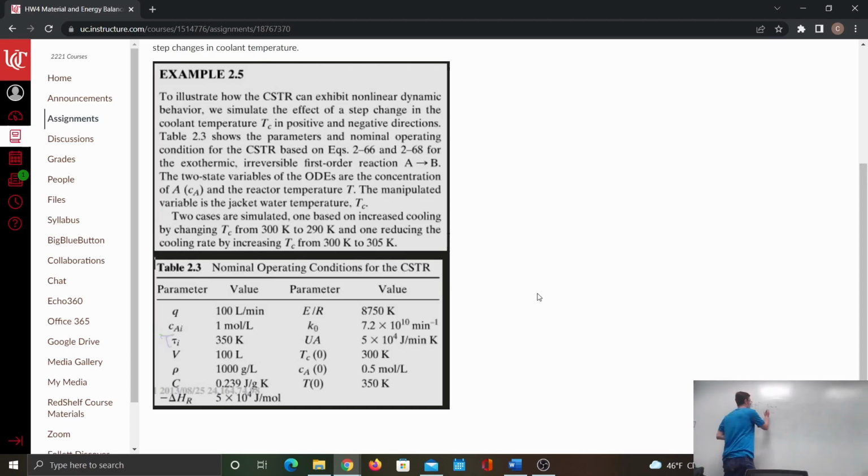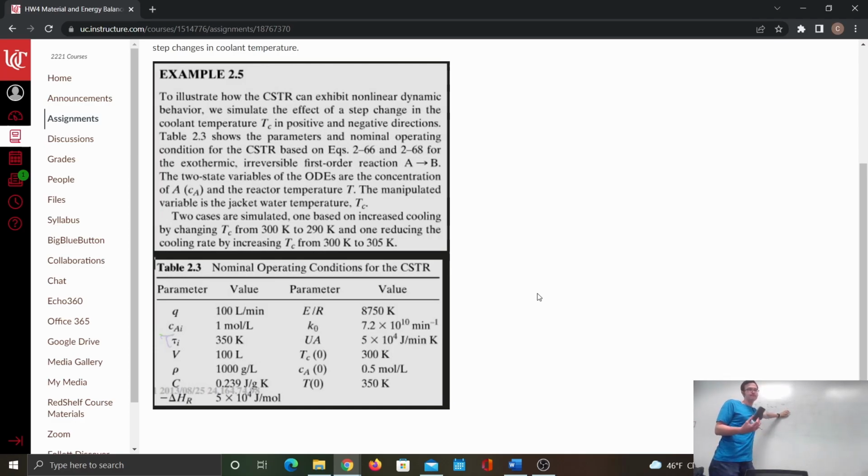We're given the density, which we'll use later. We have C, which is the heat capacity for the product in the reactor, as shown on your screen. We have the change in the overall enthalpy, or the energy, due to the reaction. We have the activation energy divided by R, which gives us the activation temperature.